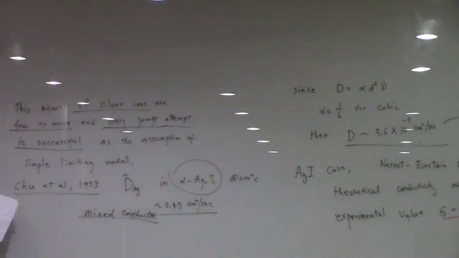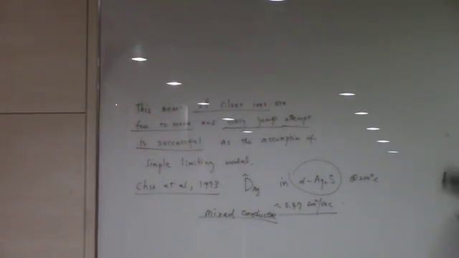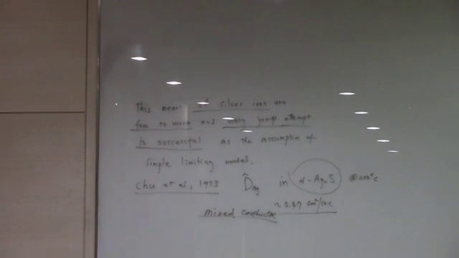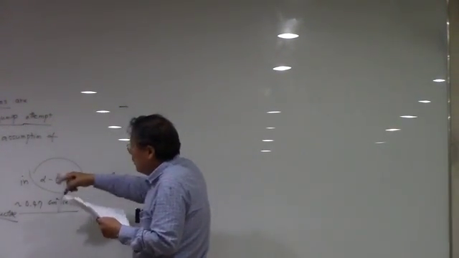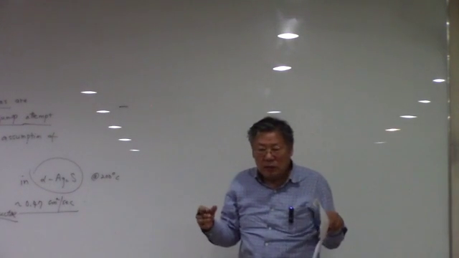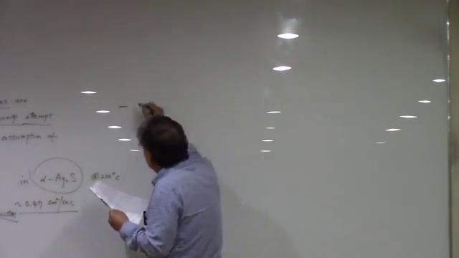In his PhD thesis, he claims that this abnormally high conductivity can come from the fact that, since it's a mixed conductor, the electron movement has to be associated with the ionic transport.